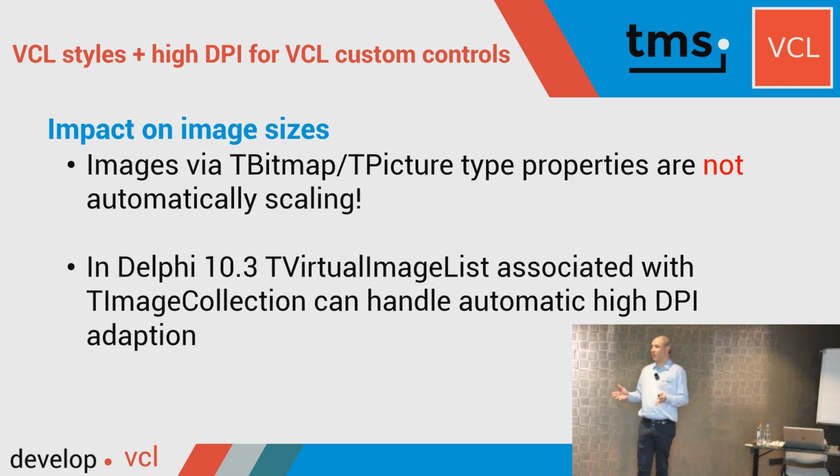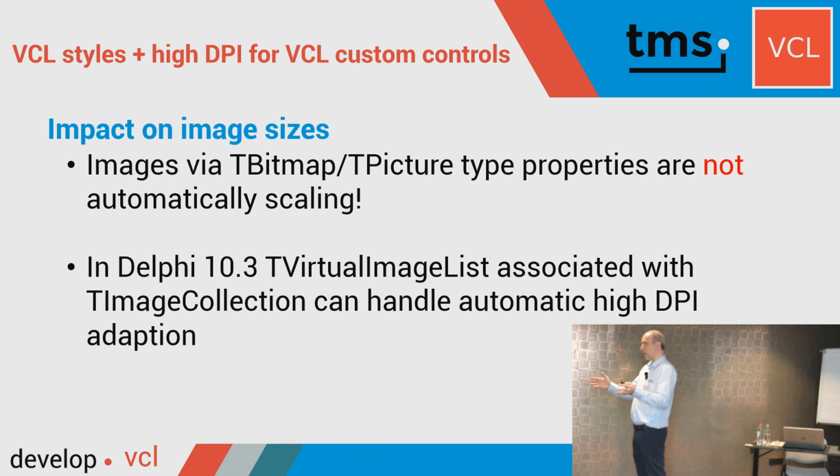Starting from Delphi 10.3, they have introduced the virtual image list. And that is actually an image list that can hold multiple sizes of images for each of the images in your image list. Okay, so think about the original image list.